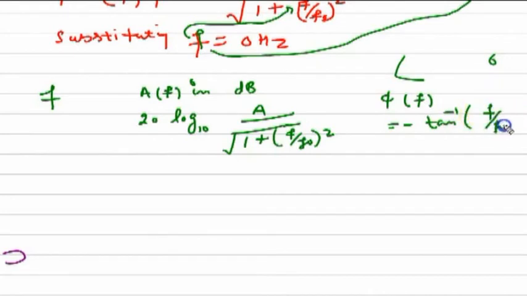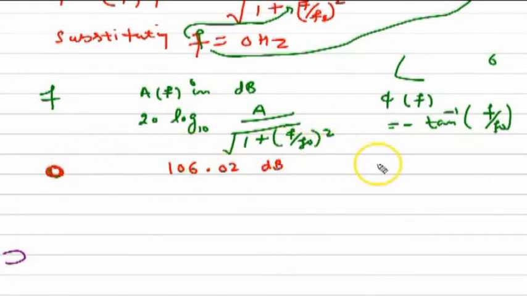Now we take different frequencies starting from 0. If the frequency is 0 Hz, substituting f equals 0, the expression becomes 20 log 10 A, because the denominator becomes 1.